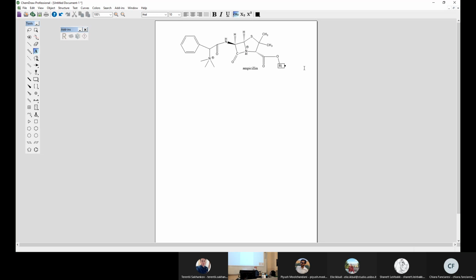In this case, we can improve the absorption of this antibiotic by transforming the ampicillin in an ester, to mask the ionizable function.